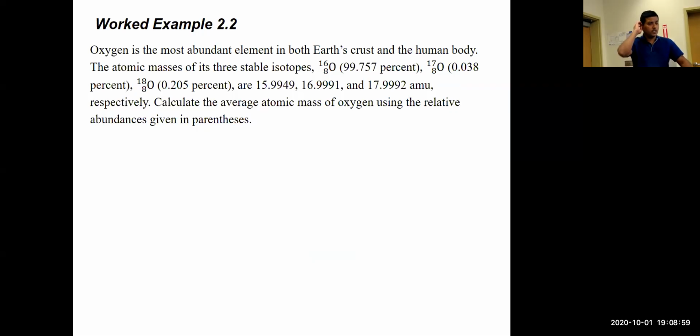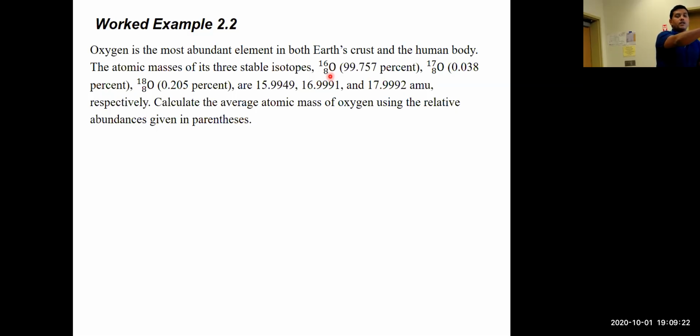Now let's look at one problem on how to calculate the average atomic mass of a given sample. This problem asks us to calculate the average atomic mass of oxygen, which is abundant on the earth and present in our human body, and has three different isotopes.